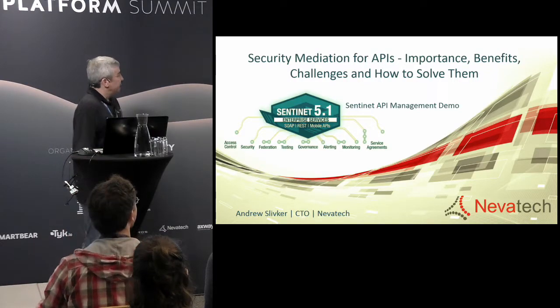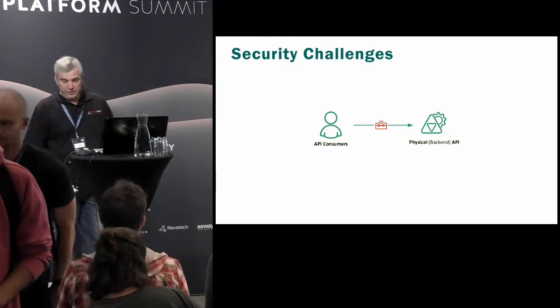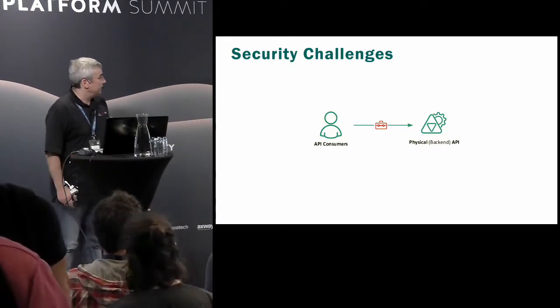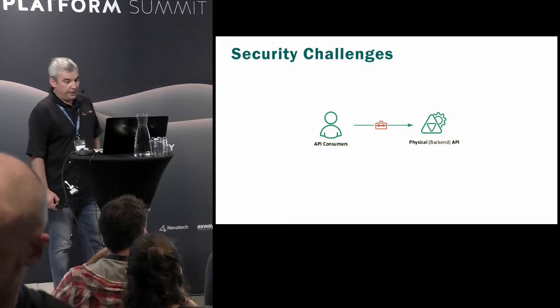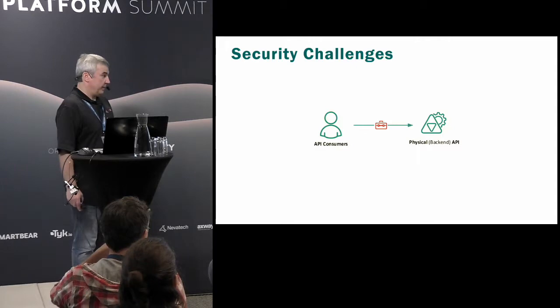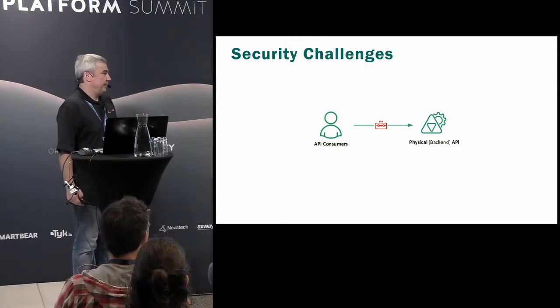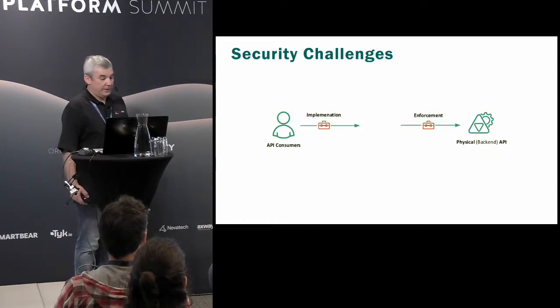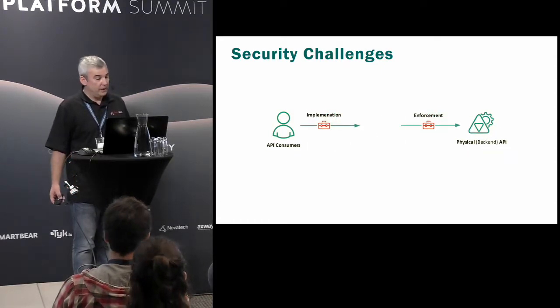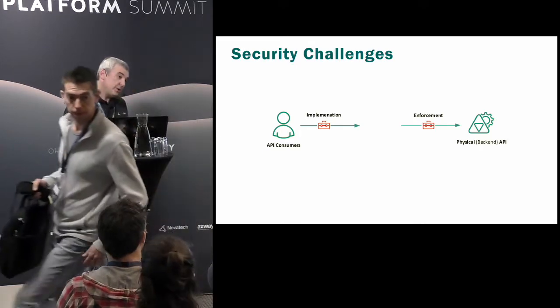Okay. So first, on a simple conceptual level, when we deal with a consumer application and the API itself, we know that we have to deal with security, and in a few words, the complexity lies on two sides. The client application has to implement security, because it's a client.